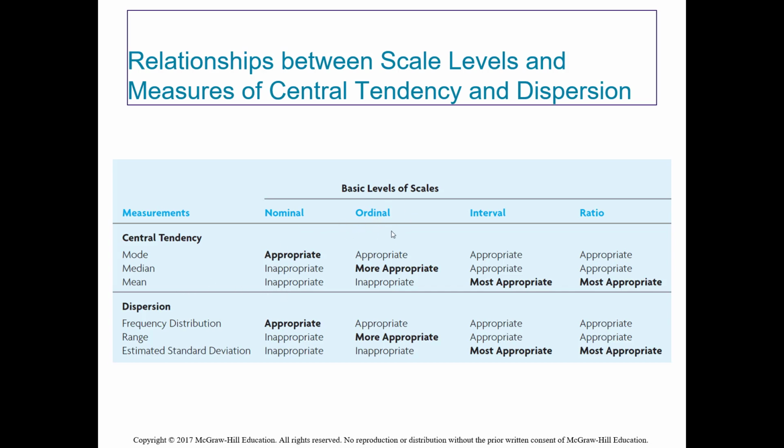Now, for ordinal data, we can still use the mode. We can still say, for example, the most common grade is a B, or the most common grade is an A, but it's more appropriate to use the median grade. We could say the median grade in the class is a B, or if we have satisfied, neutral, and unsatisfied, we could say the median satisfaction is neutral.